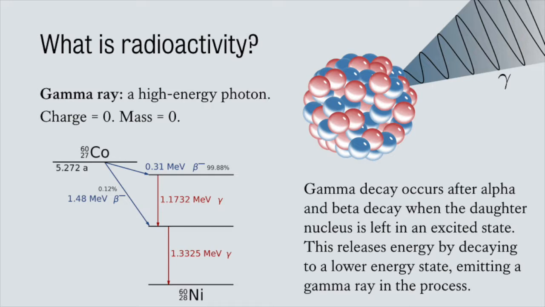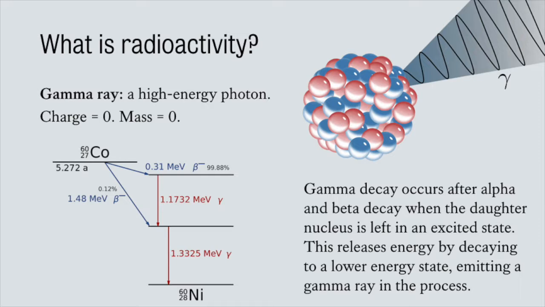But this leaves the atomic nucleus in a slightly excited state. And in order to get rid of the excess energy associated with this excited state, the atomic nucleus emits a little bit of extra energy in the form of light. So a little light particle, a high energy photon there. The final product of this radioactive decay is then nickel-60, which is a radioactive isotope of nickel.